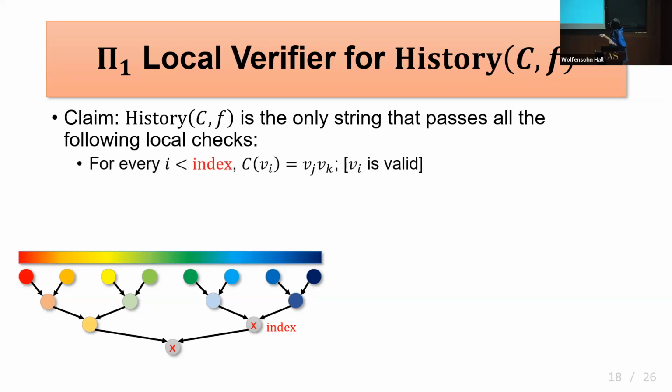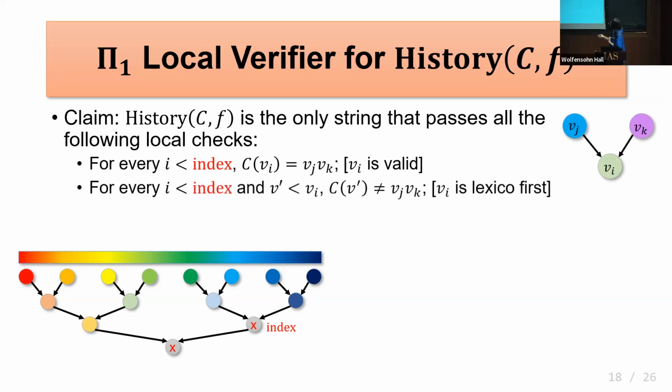First, we have the failure index at the end of the history. For every i less than the failure index, it should compress successfully. And for every i less than the index, the compression is not only successful, but also gives you the lexicographically first preimage. Lexicographic order is arbitrary, but we need to fix such an order so that the execution of Korten is well defined.